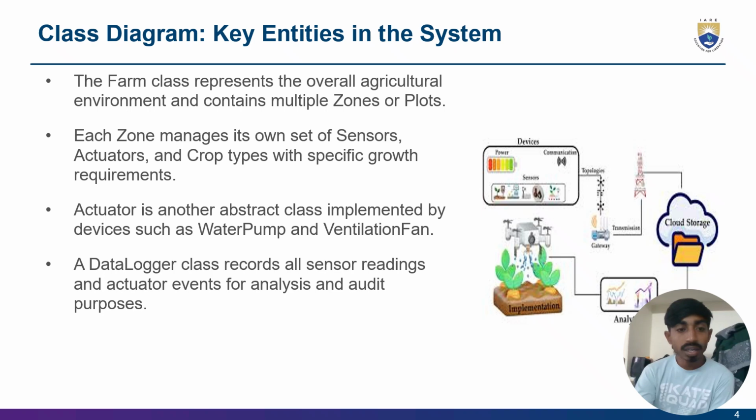Actuator is another abstract class implemented by devices such as water pump and ventilation fan. A data logger class records all sensor readings and actuator events for analysis and audit purposes.